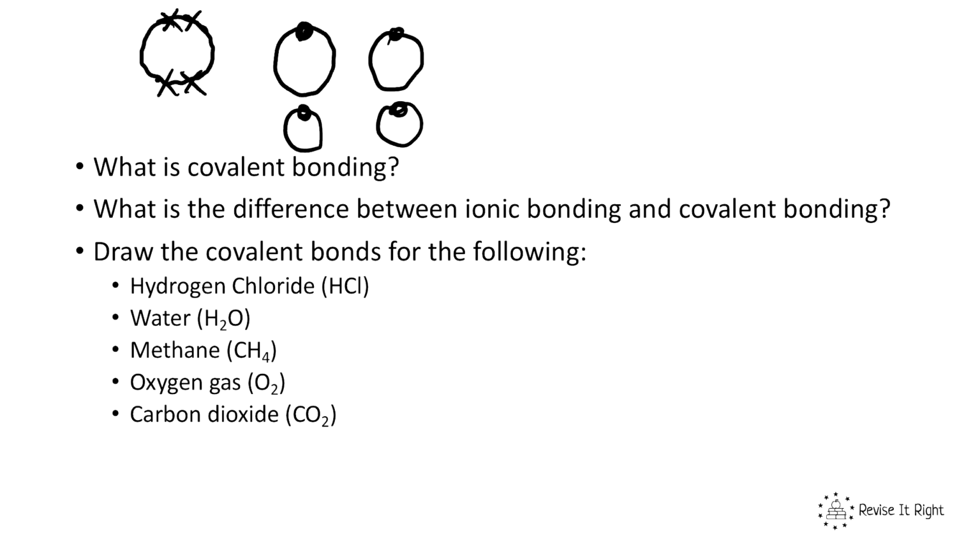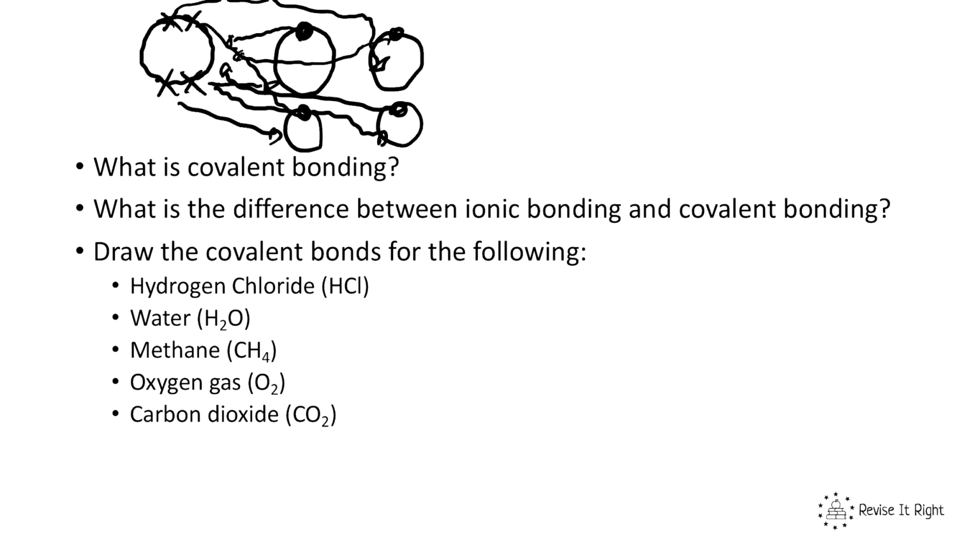So hydrogens need 1, so this carbon is going to share 1 each with each of the hydrogens. I'm going to draw that now. And carbon needs 4, so each hydrogen is going to share its electron. This is a very messy picture, but each hydrogen is going to share its electron with the carbon.